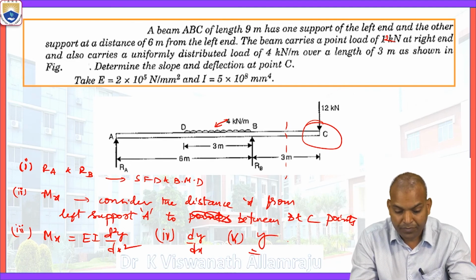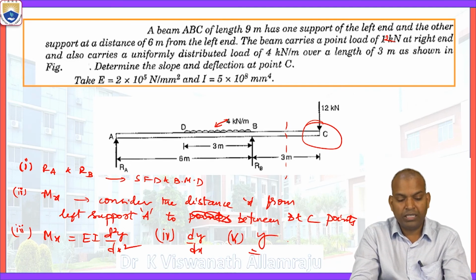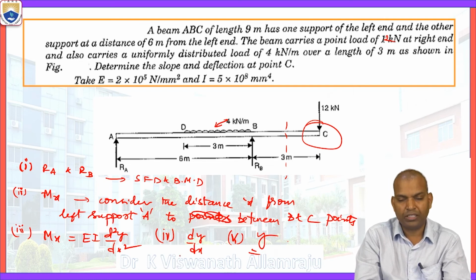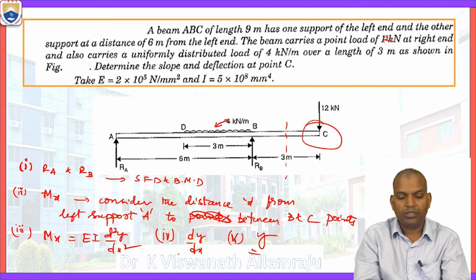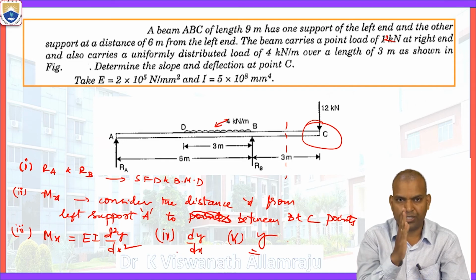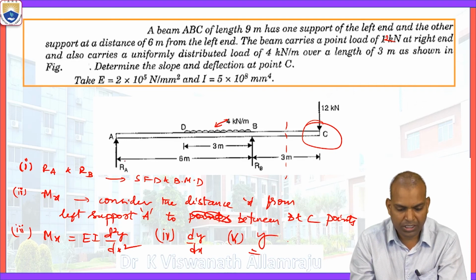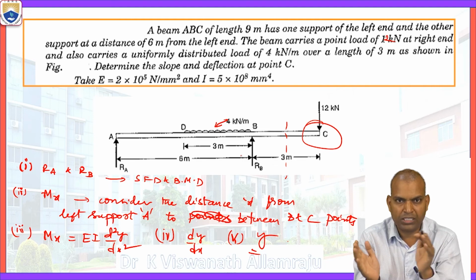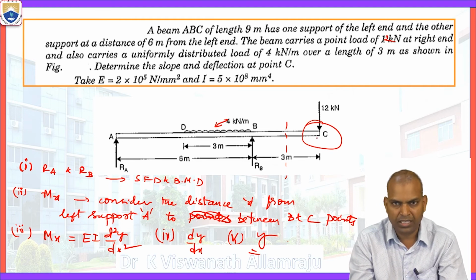After deriving the moment, slope and deflection equations, there are two parts. The first part is related to the portion A to B, and the sum of the first and second parts relates to the span AC.